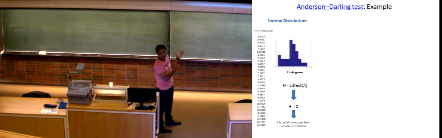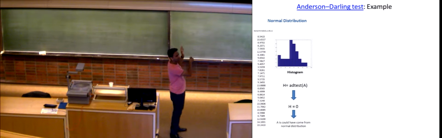If you first plot the histogram, one can say it looks like a Gaussian. If you apply the test, it says H is equal to 0, meaning that you accept the null hypothesis, that yes, it has been derived from the Gaussian or normal distribution. But this is not that impressive, because we know this a priori.